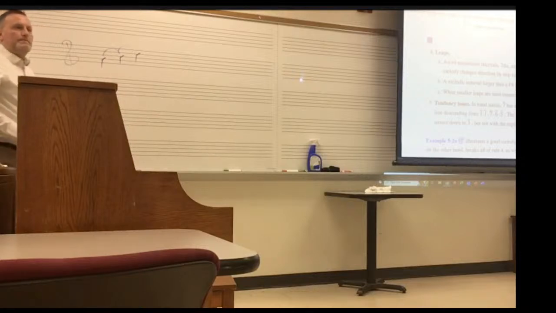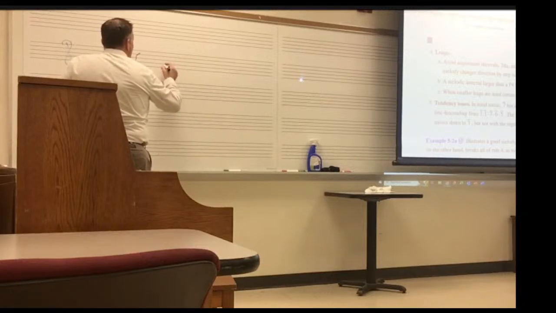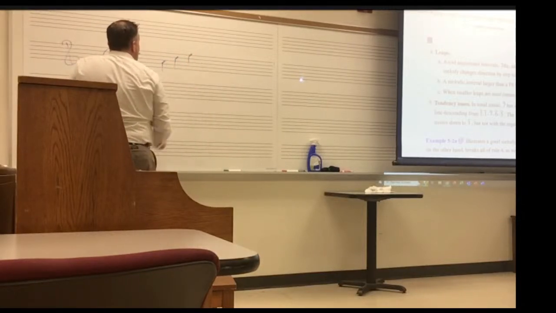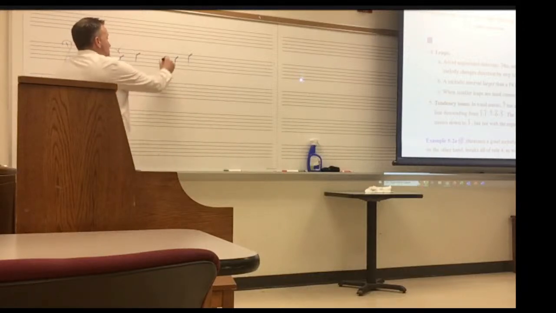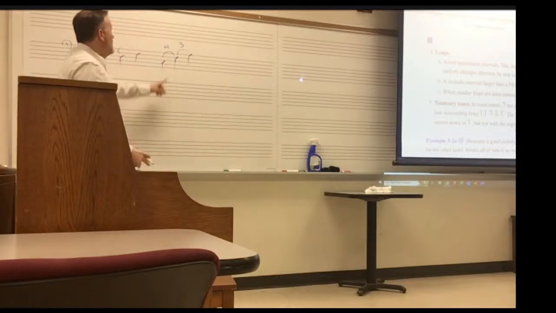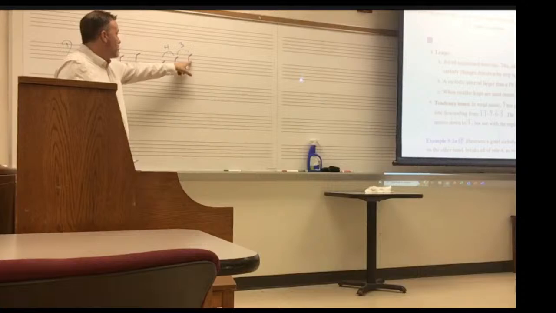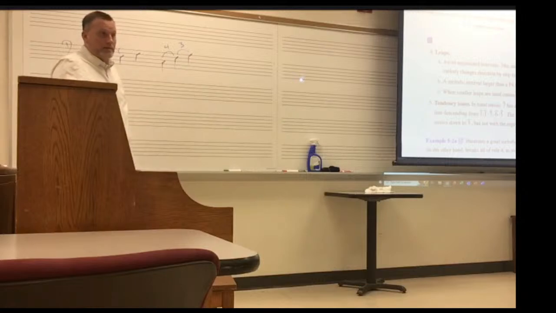If I skip A to D to F, here's a skip of a 4th and a skip of a 3rd. This does outline a chord. It outlines a D minor triad, maybe in second inversion if you want to do it that way, but it still outlines a triad. D, F, A, no matter how you stack them, it's going to be a triad.